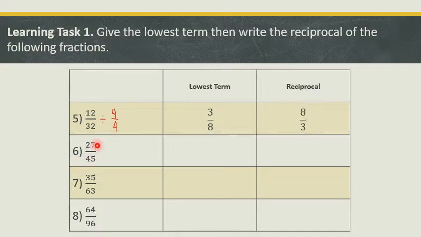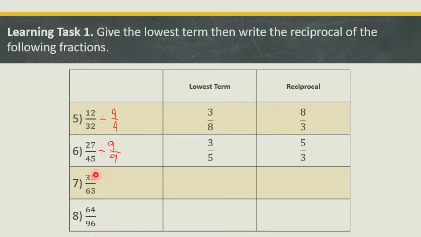Next, number 6. Ang common factor ng 27 and 45 ay 9. So, 27 divided by 9 is 3. 45 divided by 9 is 5. Ang 3/5 po, kapag kinuha natin ang reciprocal, ay magiging 5/3.